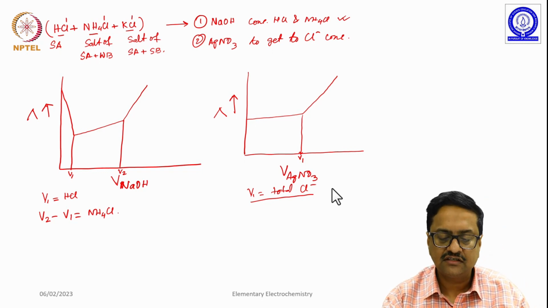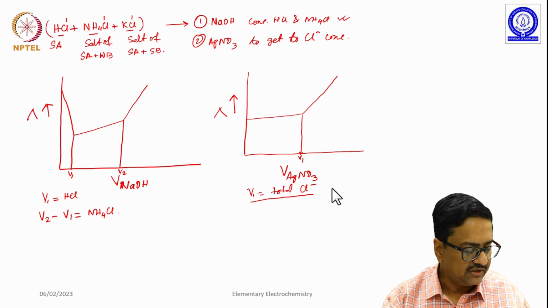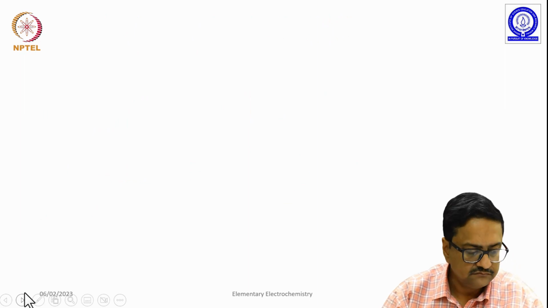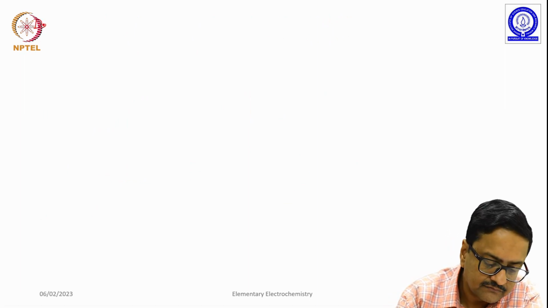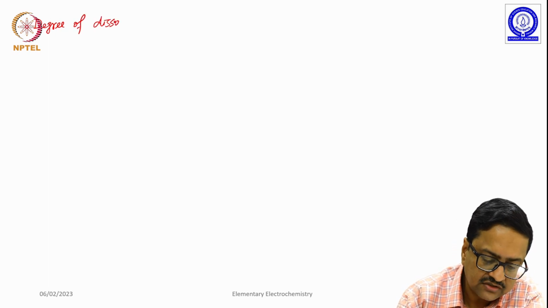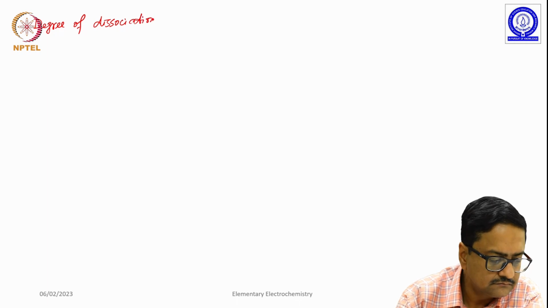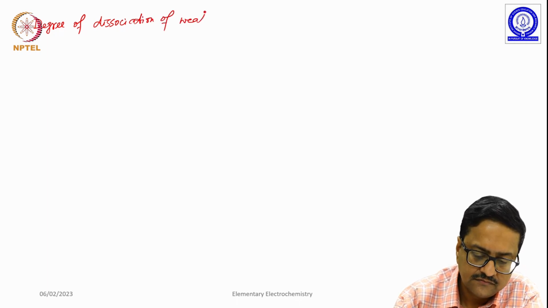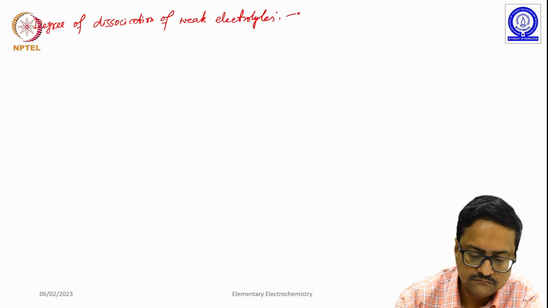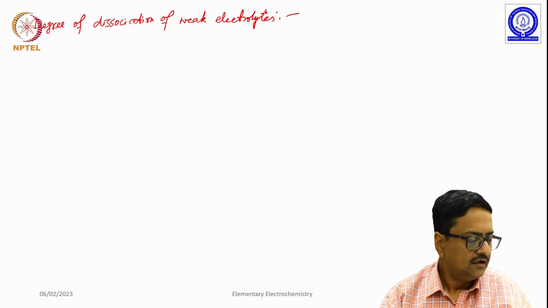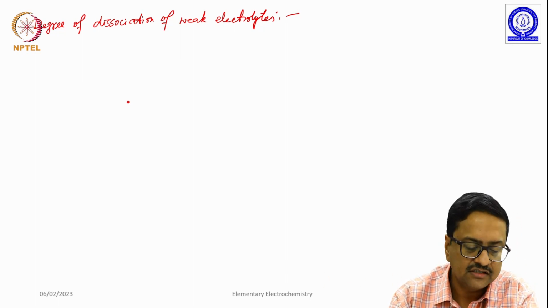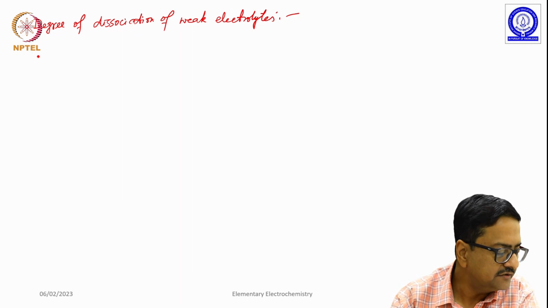In addition to these different conductometric titrations, one can also determine the degree of dissociation of weak electrolytes. For this, we need to understand the theory behind it.